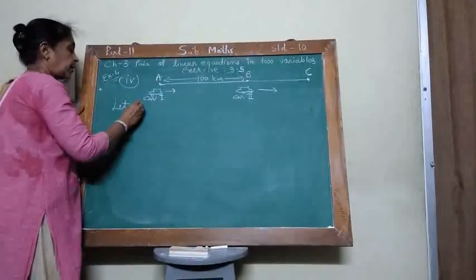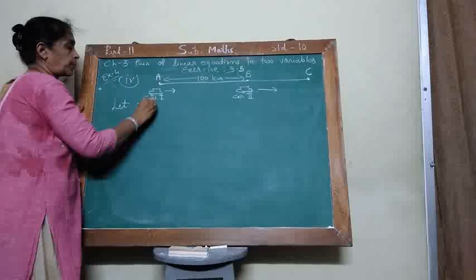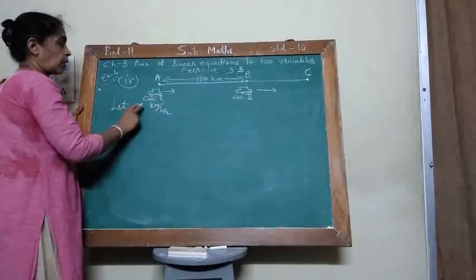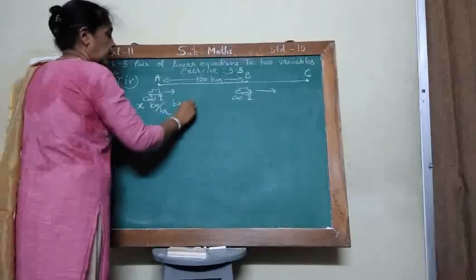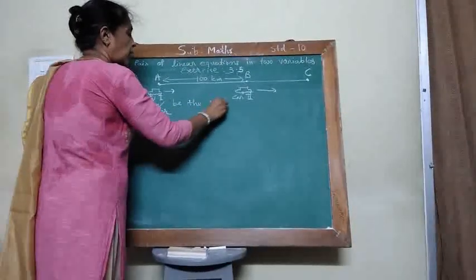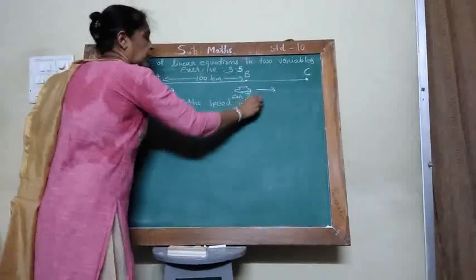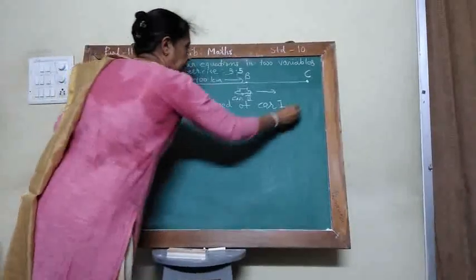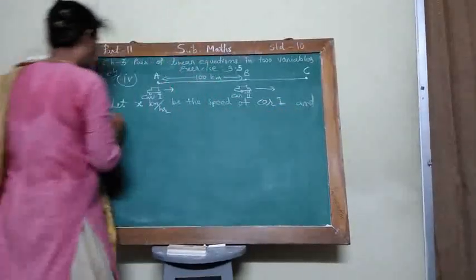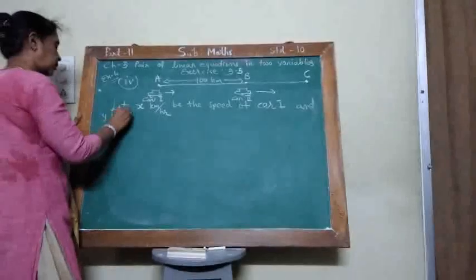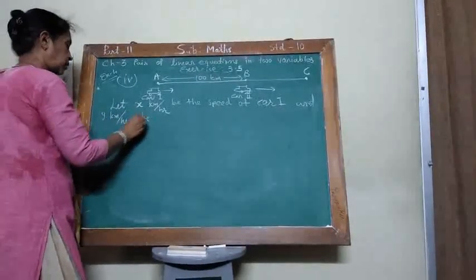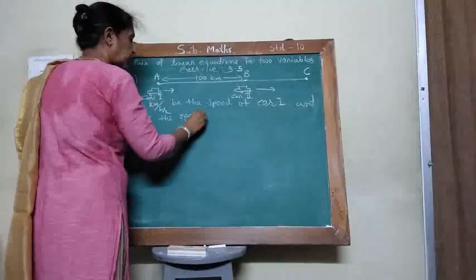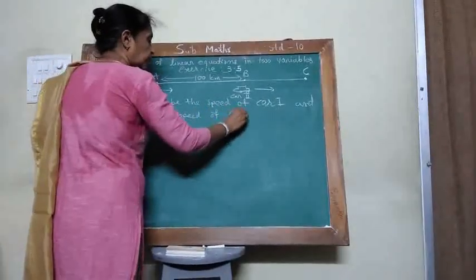So we write, what is the unit of speed? Kilometer per hour. Let x kilometer per hour be the speed of car A, car 1, and y kilometer per hour be the speed of car 2.